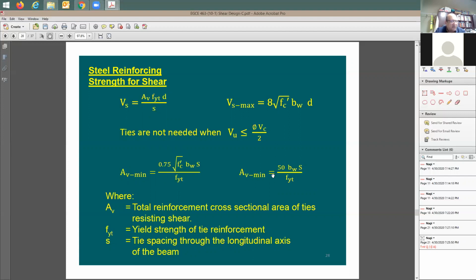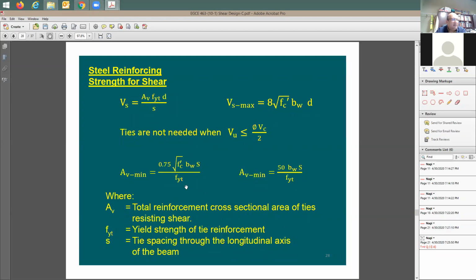You have here 2 equations for the minimum amount of ties that you need to provide. The first one says 0.75 square root of f prime c, of course, it has to be in psi, times b_w, the width of the web, times the spacing divided by f_y.